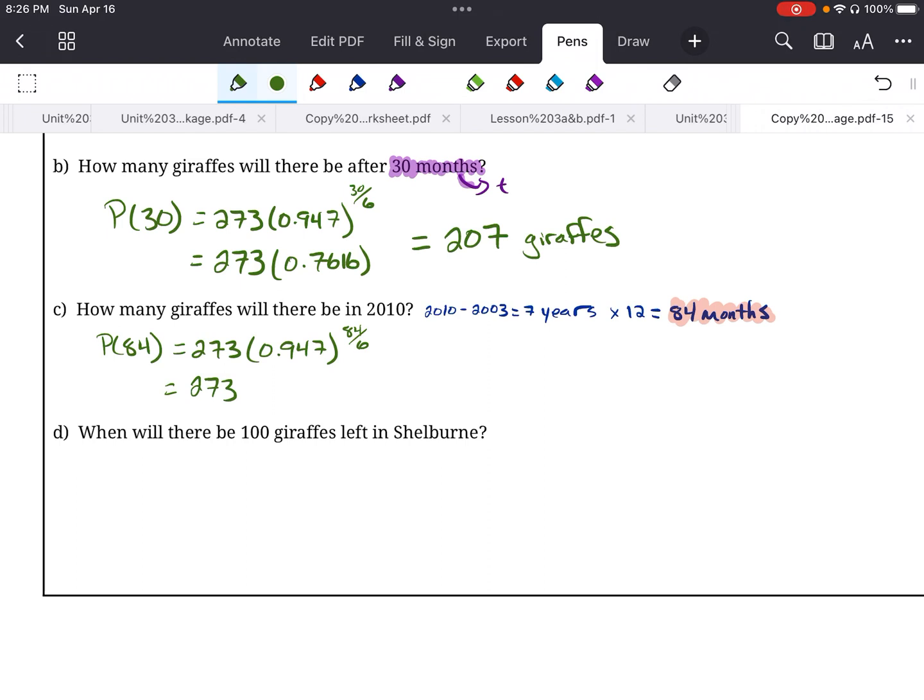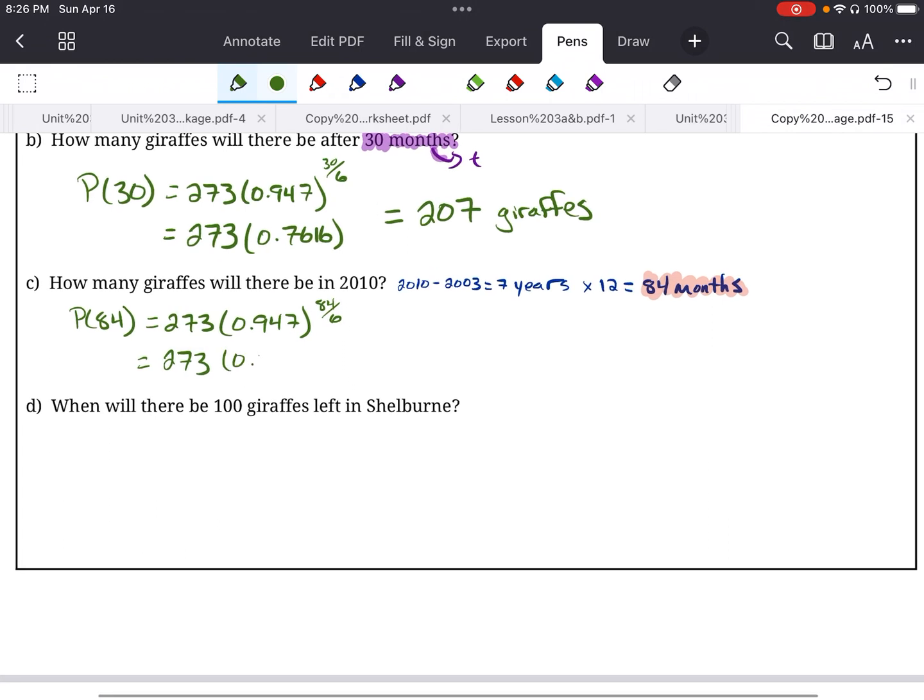Okay, 0.947 to the power 14, 0.4666, 0.467 we'll say, and that will give us 127 giraffes.